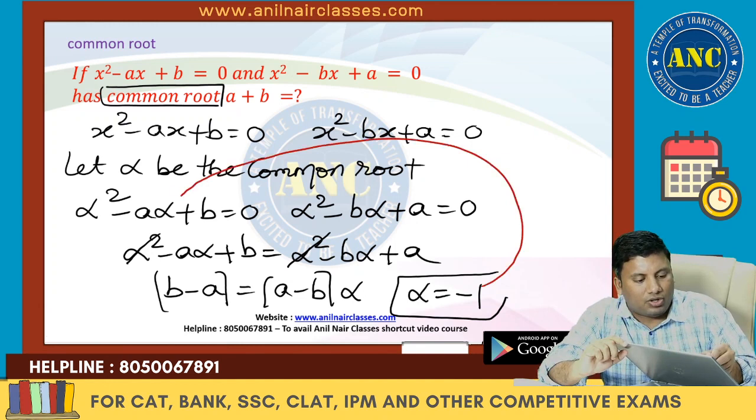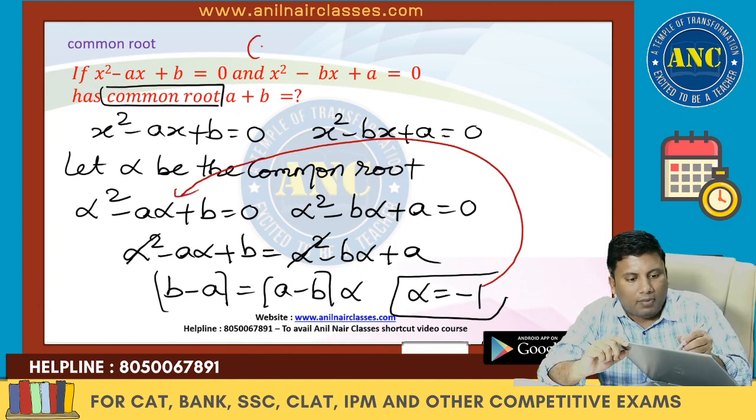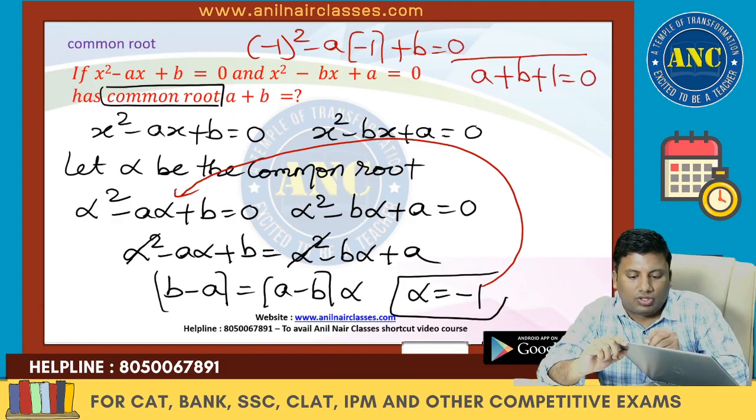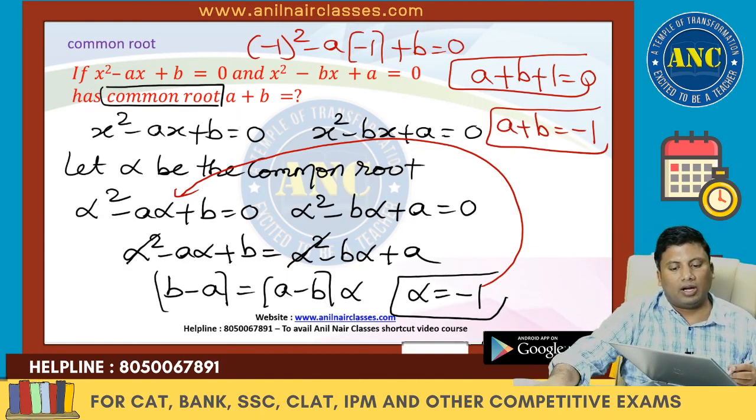If I substitute in this equation, minus 1 square minus a into minus 1 plus b equivalent to 0, so a plus b plus 1 equivalent to 0, that means a plus b equivalent to minus 1.